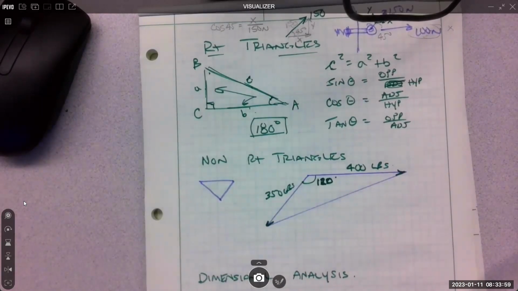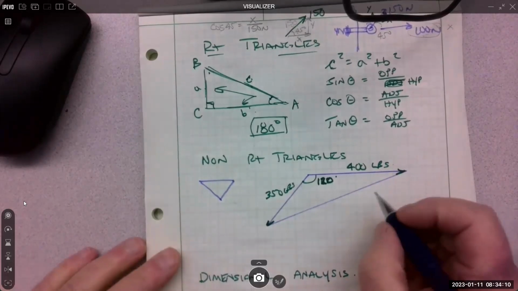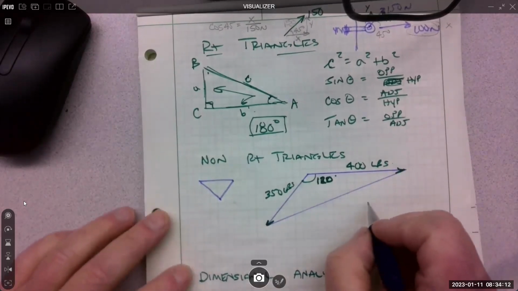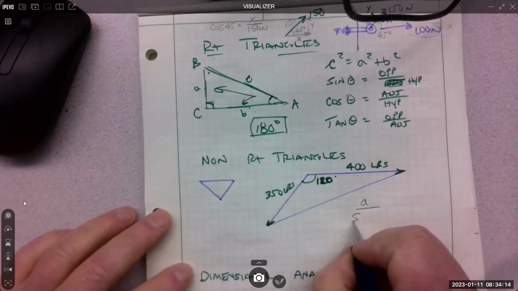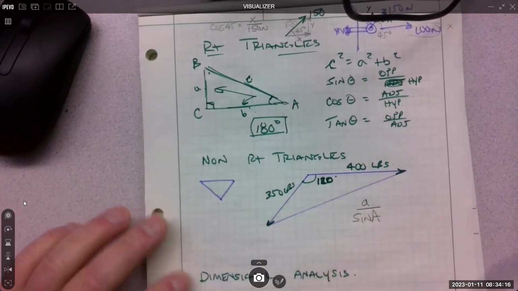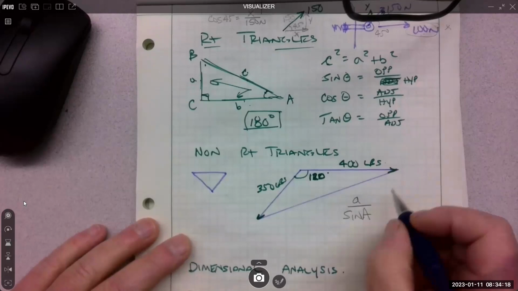So again, draw the graphic, that's important. Put in what you know, that's super important. And then know the strategies for right triangle, non-right triangles. So we know sine law is one of them. So I'm going to write it. A over the sine of A, and the capitals are super important.